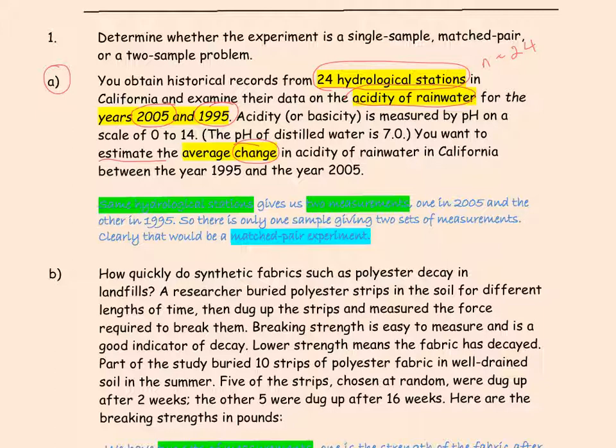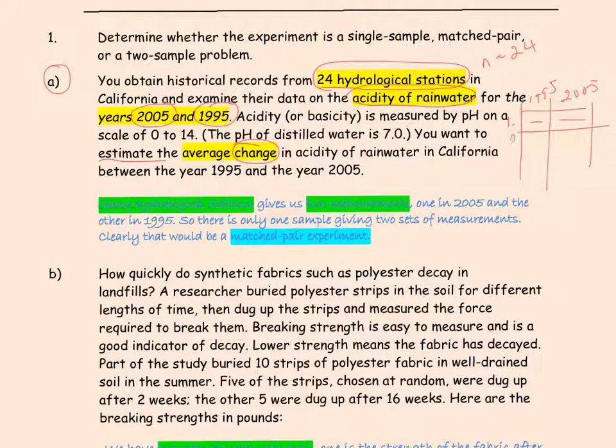So this looks like we have two columns of data, one from 1995 and the other from 2005. But reading the question carefully tells us that the same hydrological station is giving us these two numbers, one number in 1995 and the other number in 2005.